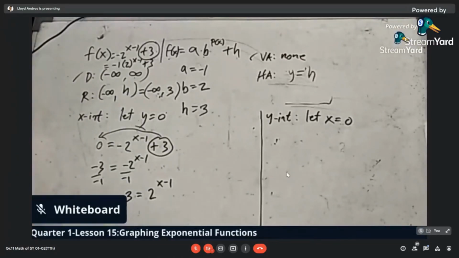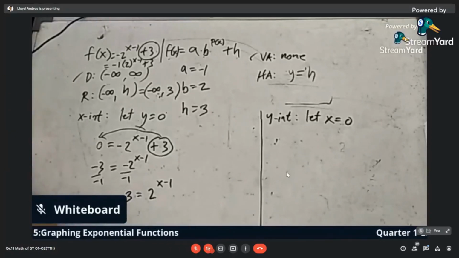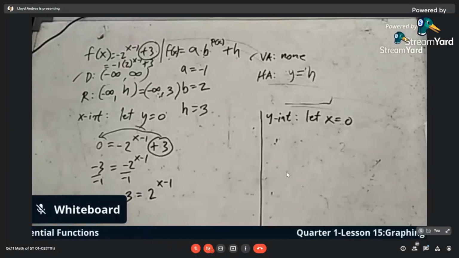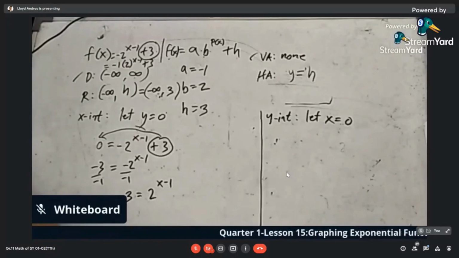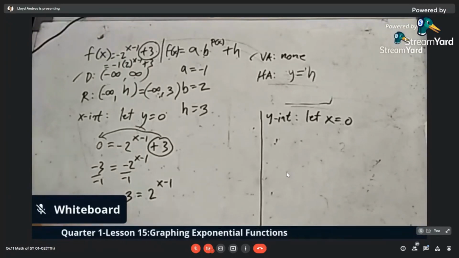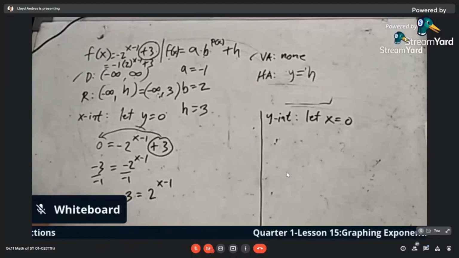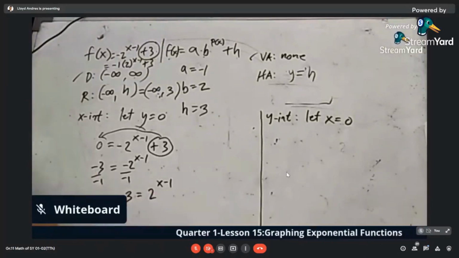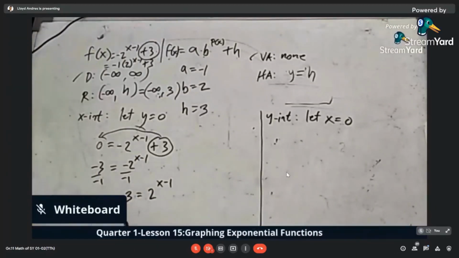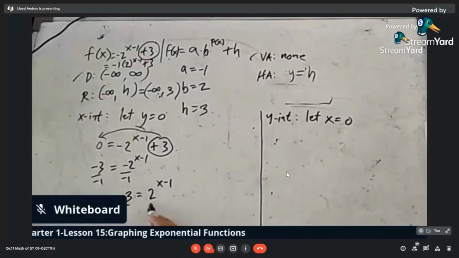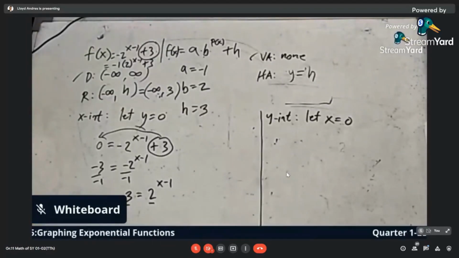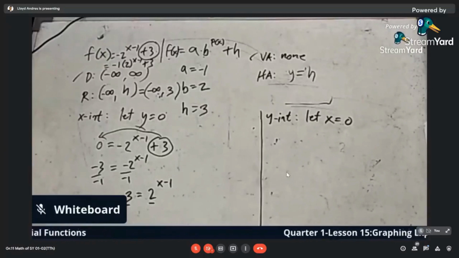Diba ang point na to, kailangan ta mapareha siya og base? So, ang question na karon, naabatay kung saan na ito pag-abot ni si 2 ug si 3.